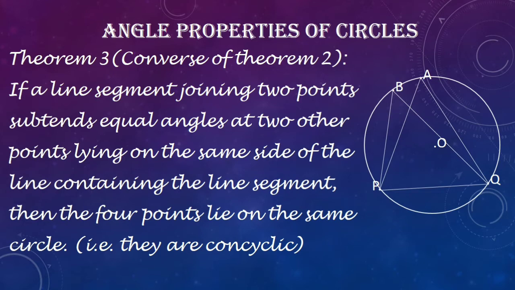If the line segment PQ subtends equal angles at 2 points lying on the same side of the line segment, then these 4 points A, B, P and Q are on the same circle, or they are said to be concyclic. Concyclic means points that lie on the same circle.